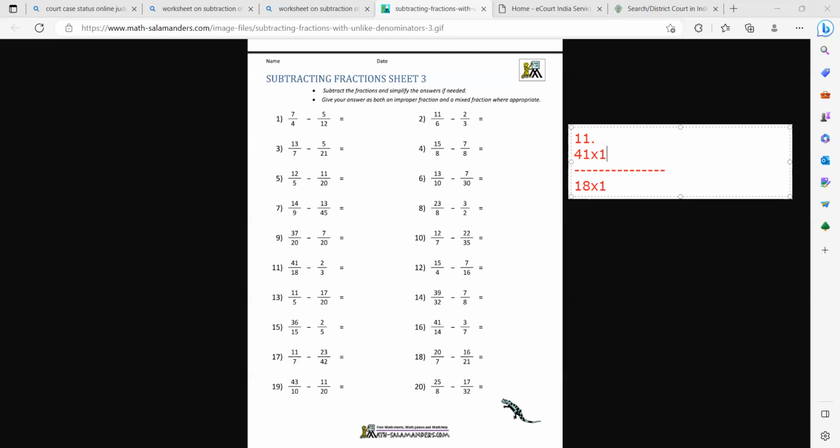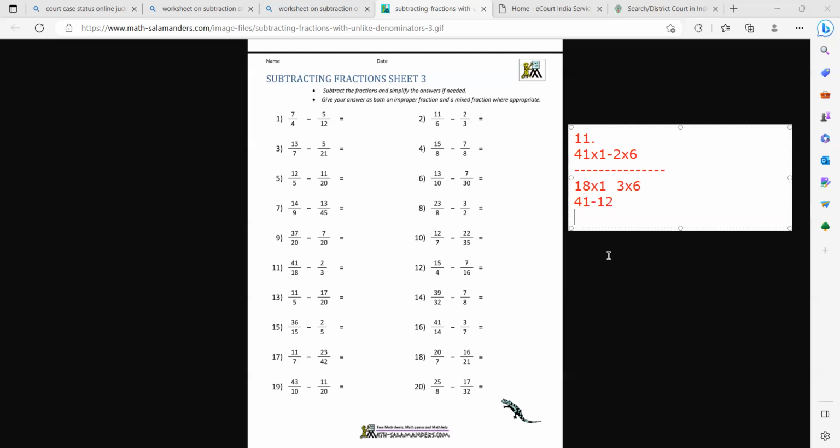Then we have minus 2 into how much? 6. 6 into 3 is 18. So 2 into 6. Then 41 into 1 is 41, minus 6 into 2 is 12. Then we have 18. Then 41 minus 12 will be how much?